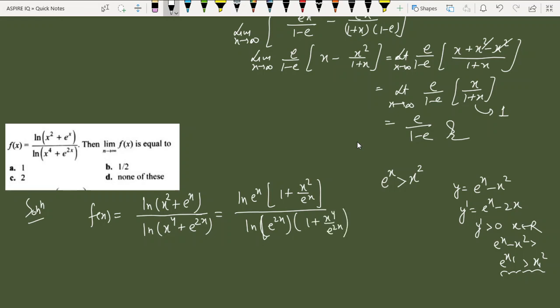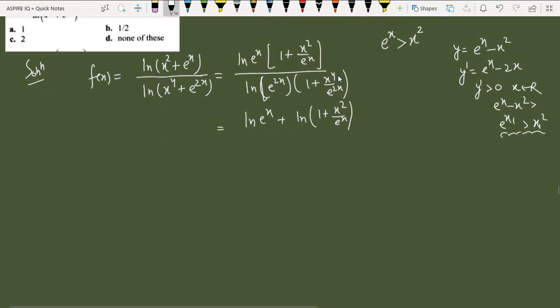Now you can write ln e to the power x plus ln 1 plus x square e to the power x, right? And the denominator part you can write as 2x plus ln 1 plus x to the power 4, or you can say x square e to the power x whole square, right?